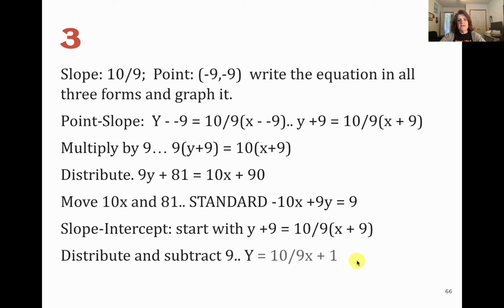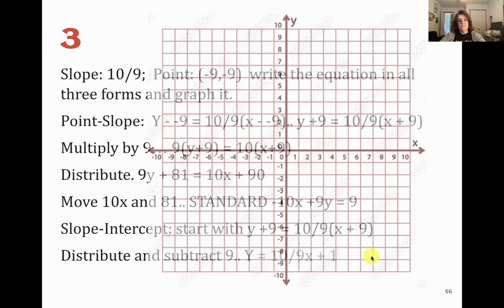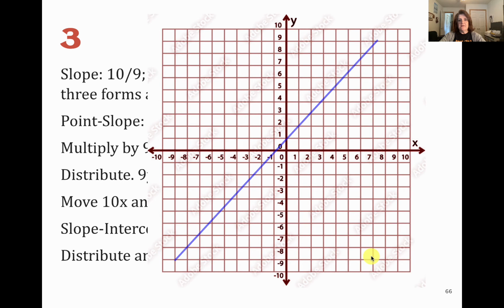That's y equals mx plus b form, slope-intercept form. Then you would have to graph it. Lots of different ways to graph that. -9, -9, and then a rise of 10, a run of 9, gives us this point here, and 2 points make a line.